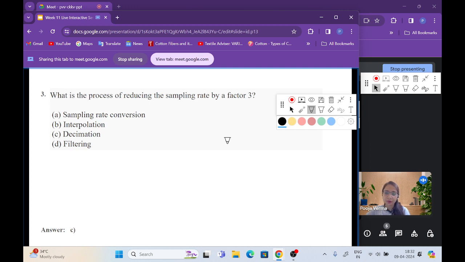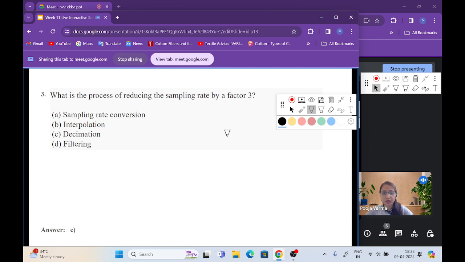All of you must have gone through the video lectures and I have also covered some theoretical part. So please answer in the chat box: what is the process of reducing the sampling rate by a factor 3? So what is that process called?